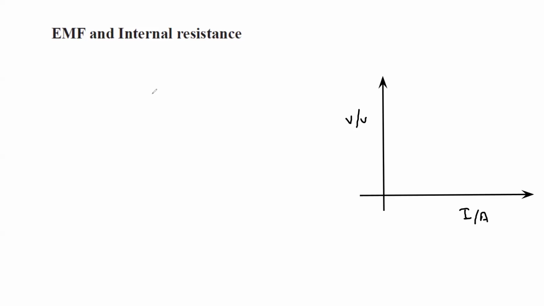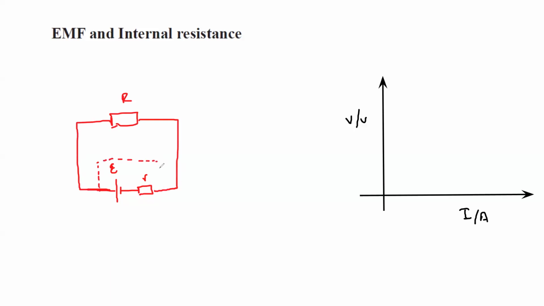The circuit which we are using here is a battery with internal resistance small r, and the EMF of the battery is E. External resistance is capital R, and the external resistor which we connect here is a variable resistor.